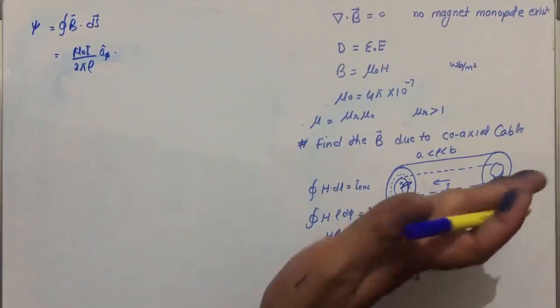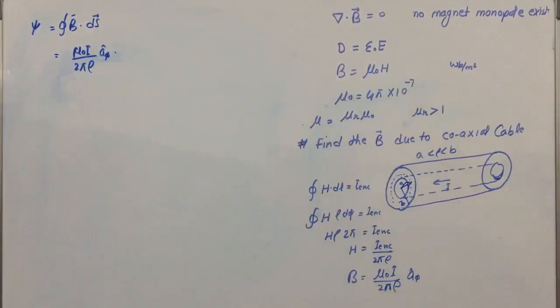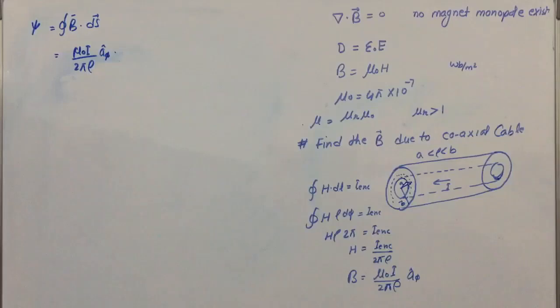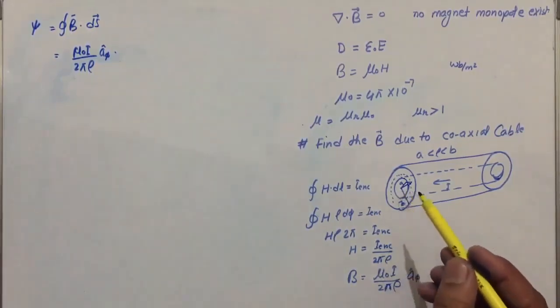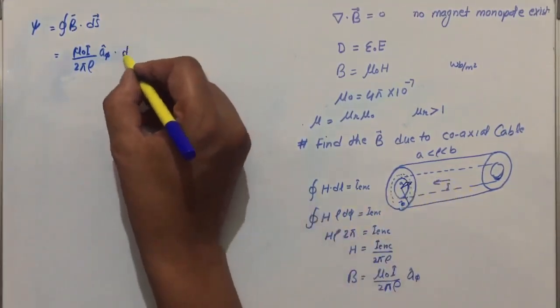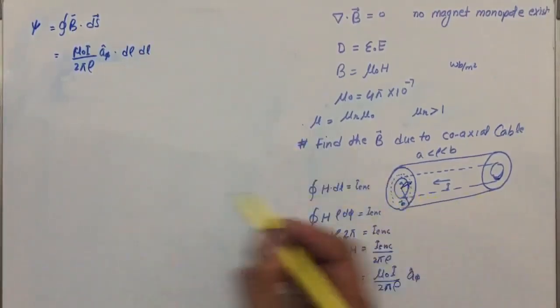Consider a slice towards the center, and for that the ds can be written as d rho times dl, where dl is the length of the conductor.